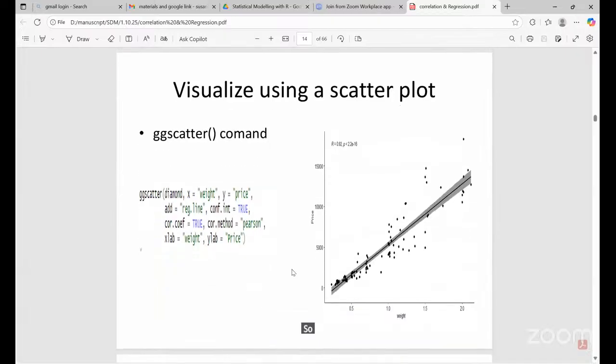When it comes to a scatter diagram, we said it is a descriptive method to show us the type of relationship that we have within our variables.